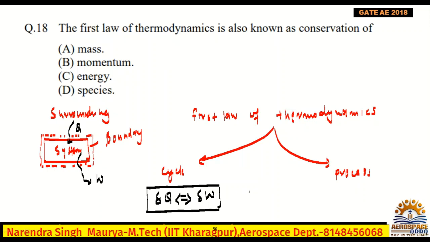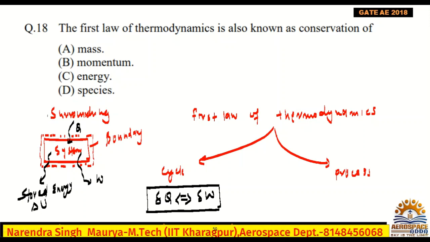But the same thing, if you talk about the process, in the system your energy, which is called internal energy, will be the stored energy. So that will be del U. Whatever amount of heat you give, first the system will absorb heat and store it, and then it will do work.